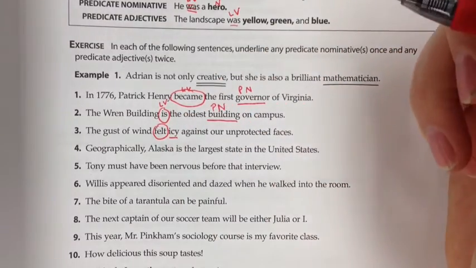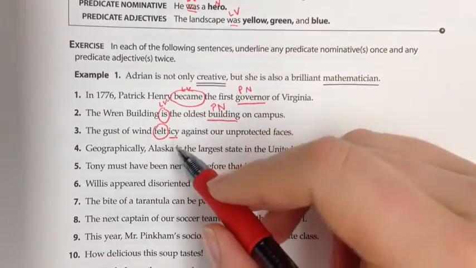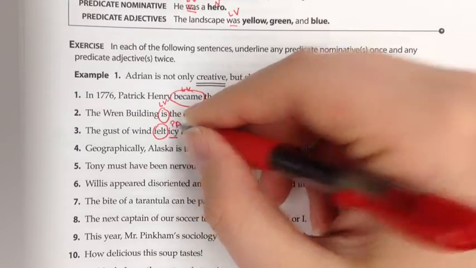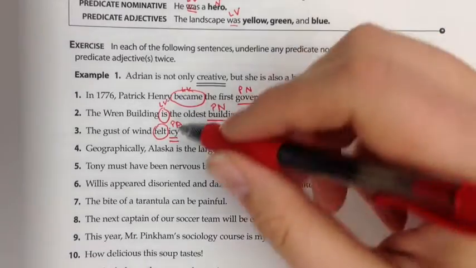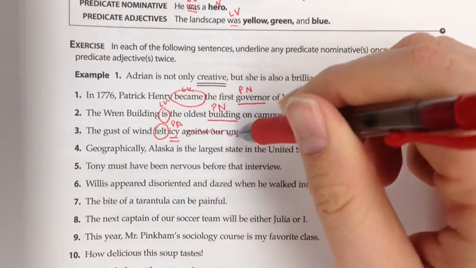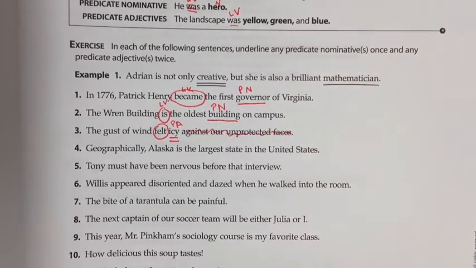This is a describing word that describes the gust, and it's an adjective. So this is a predicate adjective, so I will underline it twice. We're going to ignore against our unprotected faces because it is a prepositional phrase. Prepositional phrases cannot be used as predicate adjectives or nominatives.